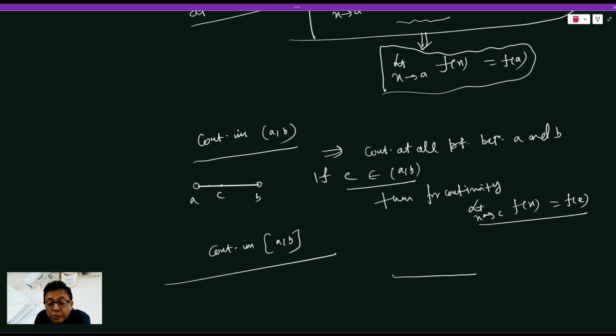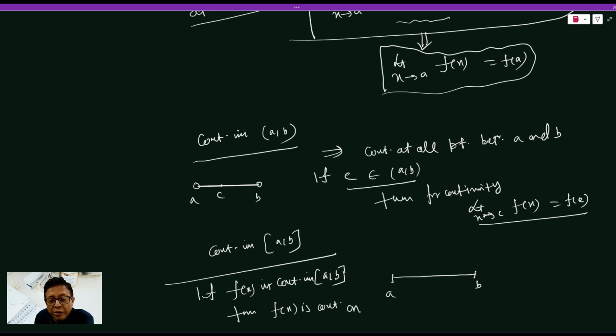But what about this closed interval? A and B both are included over there. Then continuity in AB is ensured if the function f(x) is continuous in the open interval AB. You know how to check?